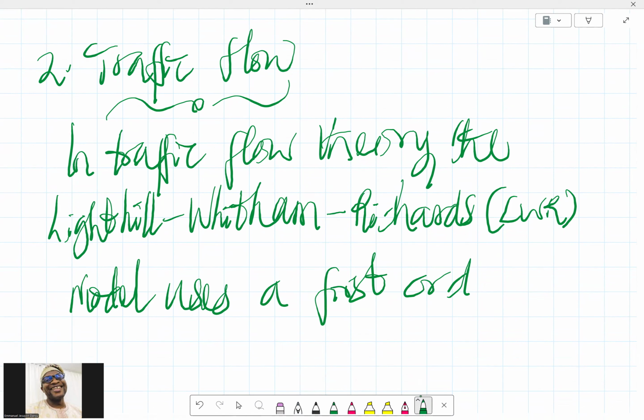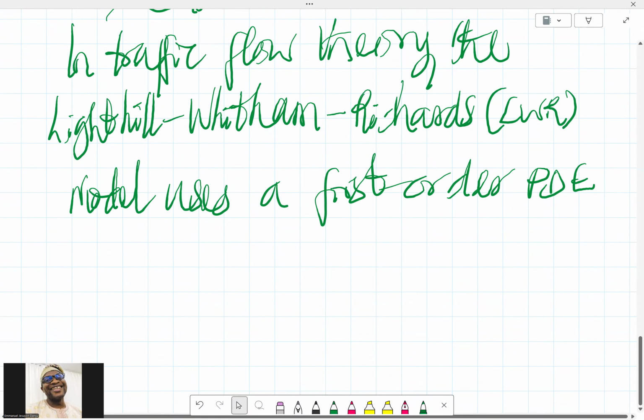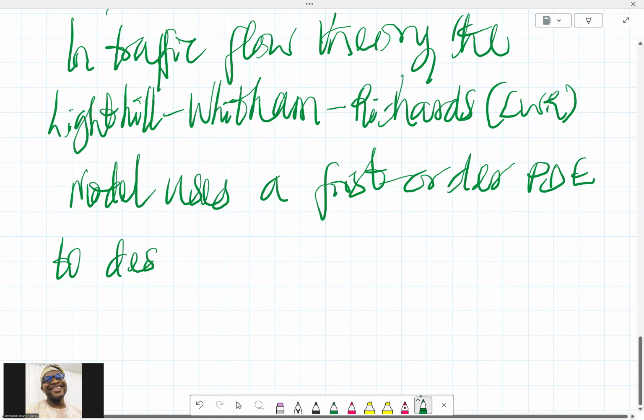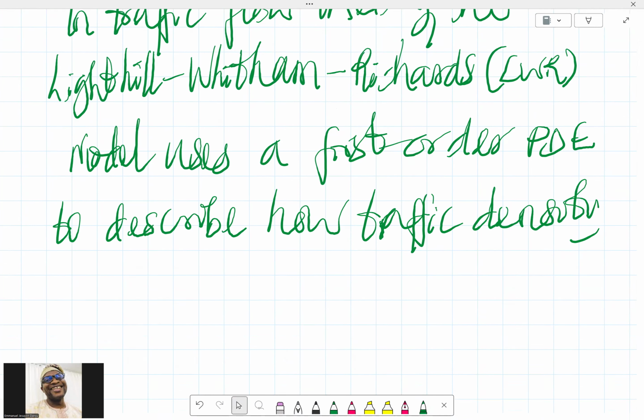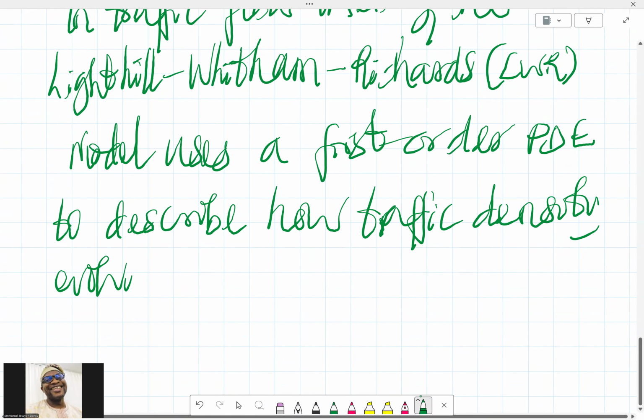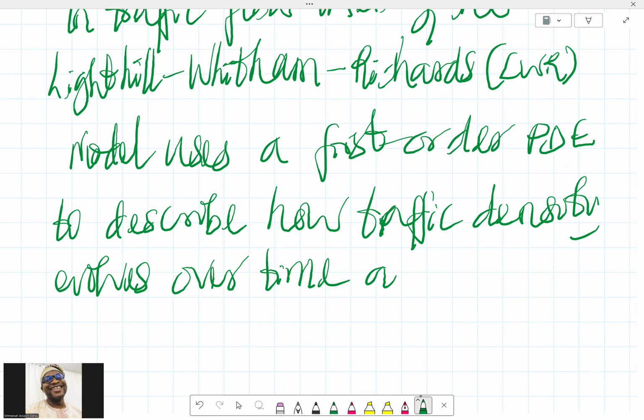This is a first order partial differential equation used to describe how traffic density evolves over time and space.